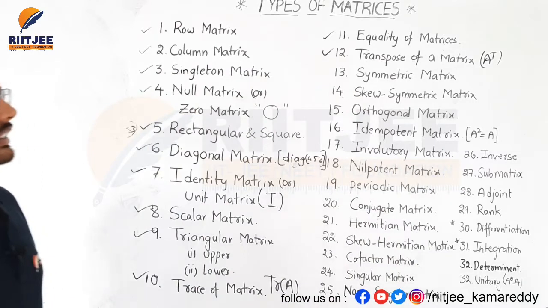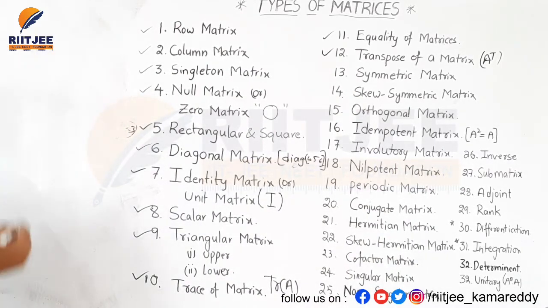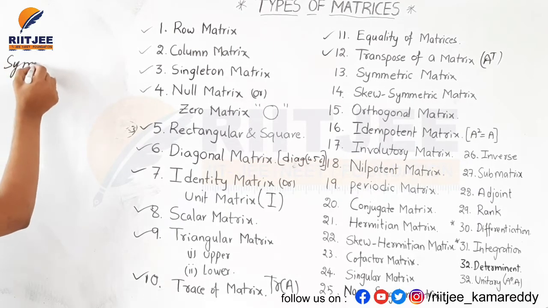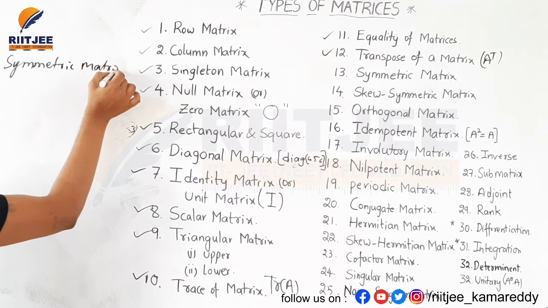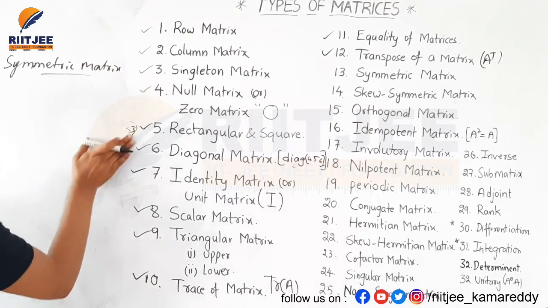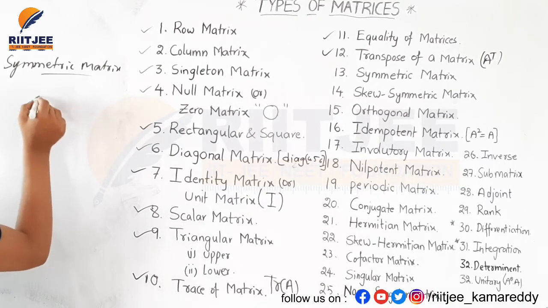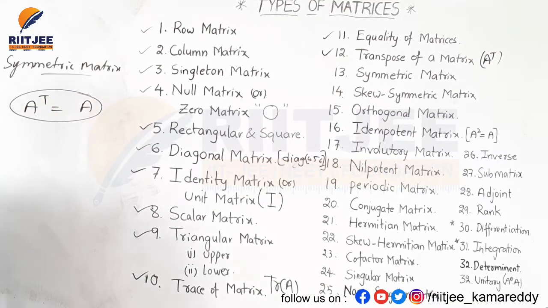Symmetric matrix. Symmetric matrix is nothing but, in a square matrix, A, if the transpose of a matrix gives again A, then it is called symmetric matrix.